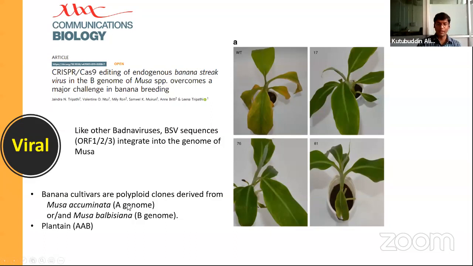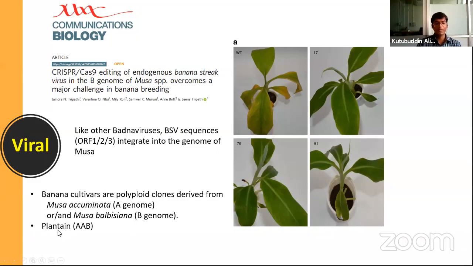One is derived from the A genome, that's Musa acuminata, another is from the B genome, that's called Musa balbisiana. This basic study has been done, and they have found a lot of Badna virus sequences integrated into the B genome. So the B genome is inherently susceptible to that virus because it contains viral genome, okay? So it's very difficult to breed that kind of B genome banana for disease resistance, okay?